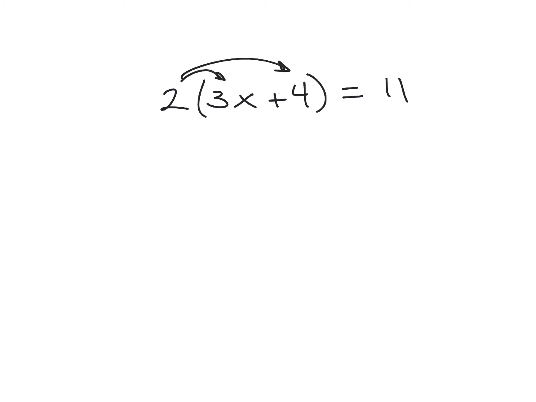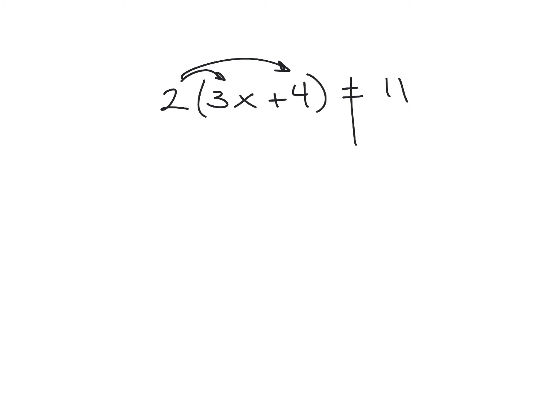Whereas if we had something like 2 times (3x plus 4) equals 11, dividing both sides by 2 is going to give me a decimal or a fraction. And so I'm going to avoid that to start. I might eventually end up with a fraction or a decimal, but we'll try to avoid it as long as possible here.